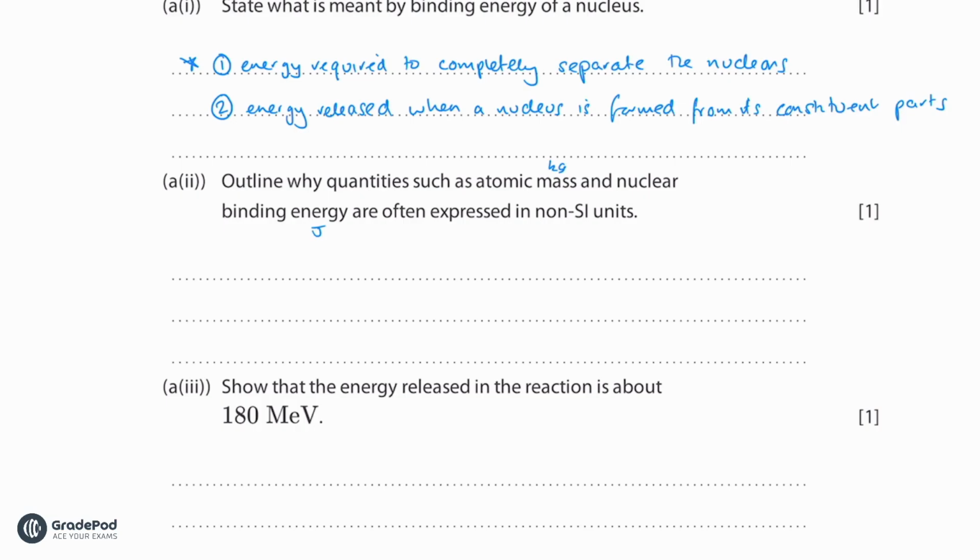If we were to give the mass of a proton as 1.66 something times 10 to the minus 27 kilograms, it's tiny and it's not appropriate. Same with energy. We're looking at 10 to the minus 19 joules and so on. It doesn't really work for us. So it's better for us to use these derived non-SI units to make it easier. So the answer here is the values in SI units would be very small.